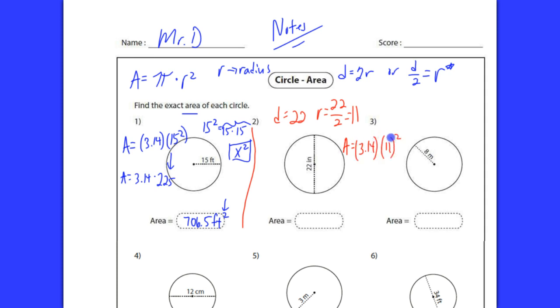So again, if you have a scientific calculator, you can just type in 3.14 times 11 and hit the power of 2 button, or you could just manually type in 11 times 11. You can check to see if you agree with me. I come up with 379.94, and that's inches squared.